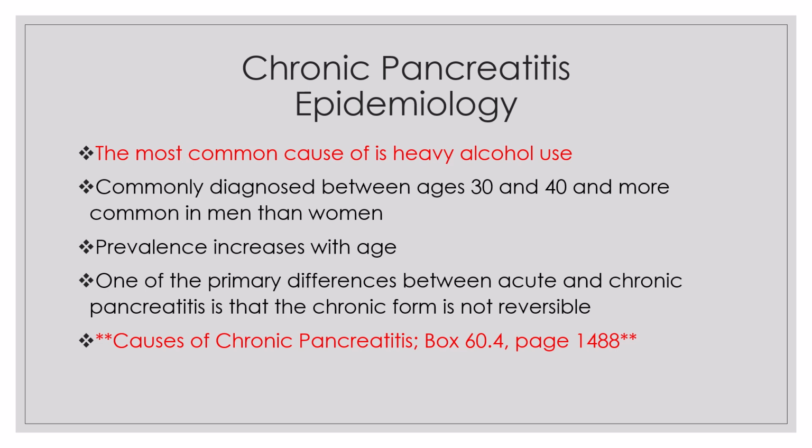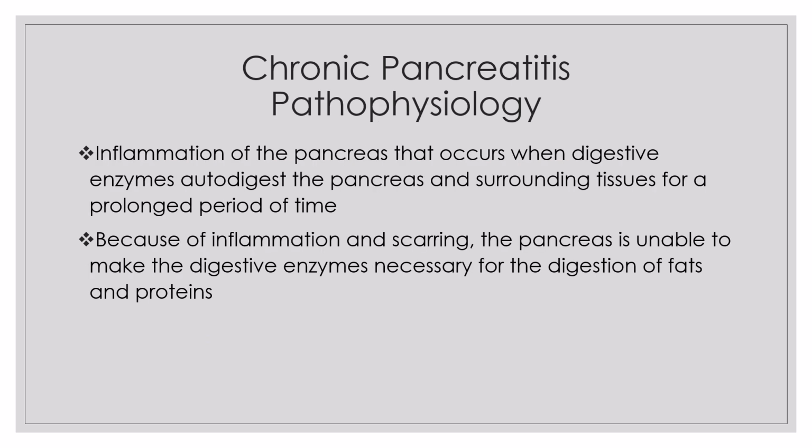And one of the primary differences between acute and chronic pancreatitis is that the chronic form is not reversible. On page 1488, box 60.4, causes of chronic pancreatitis, ladies and gentlemen, you will take note of that box.